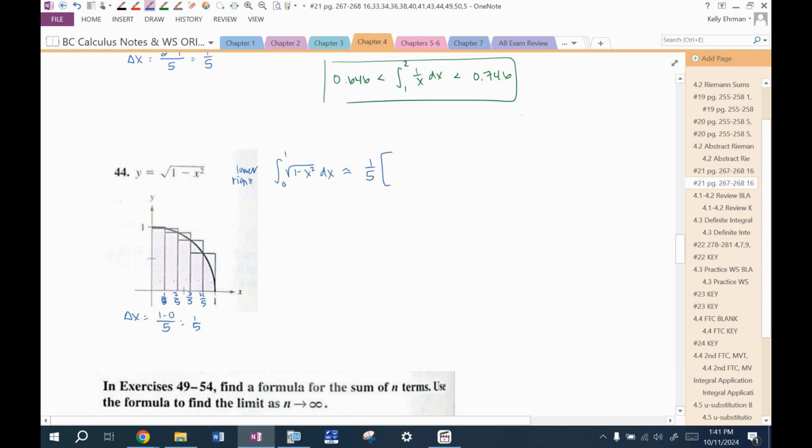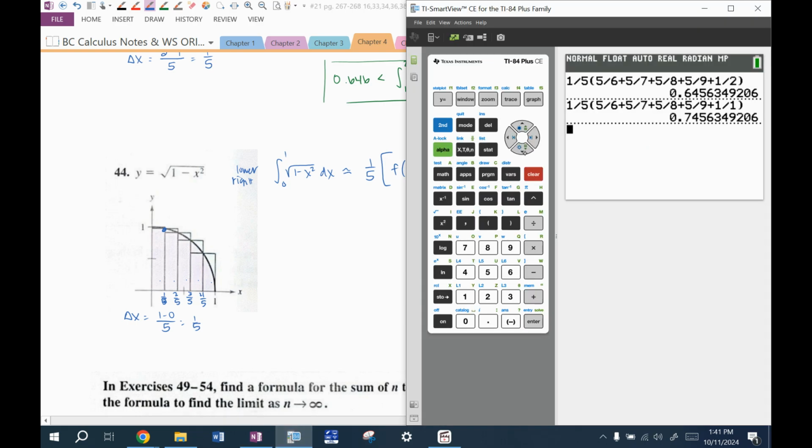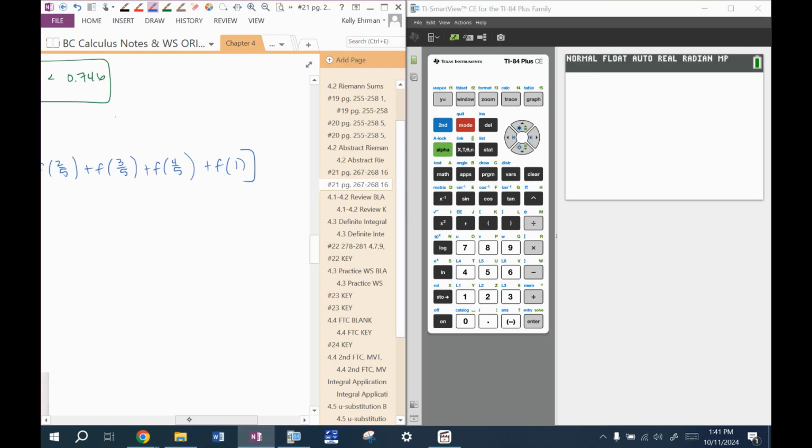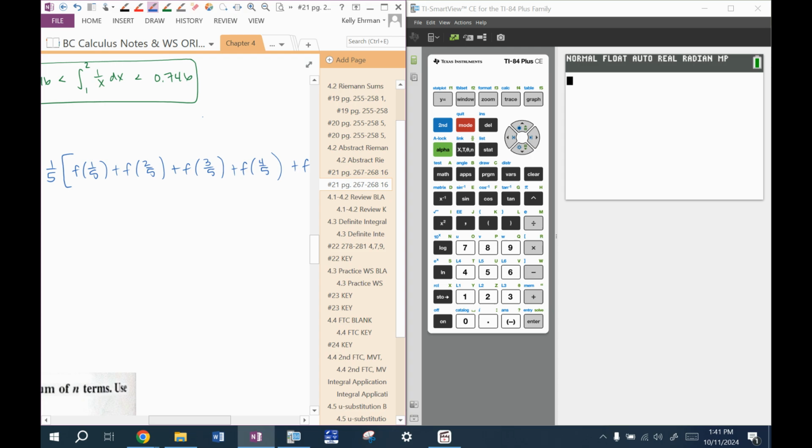Starting on the right, so the first endpoint is here. So f of 1/5 plus f of 2 over 5 plus f of 3 over 5 plus f of 4 over 5 plus f of 5 over 5, or just 1. Here's one where I definitely don't want to type all of this every time on my home screen, so I'm going to go into y equals, make it the square root of 1 minus x squared, and then on my calculator screen, I'm going to type in my function notation.